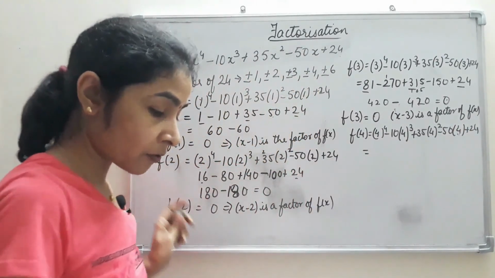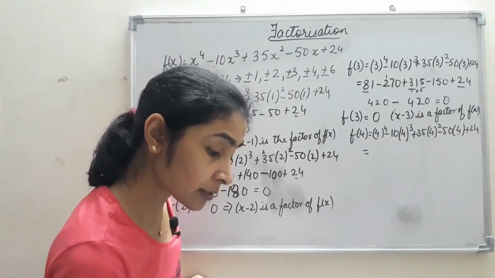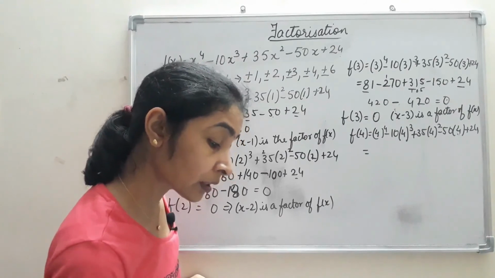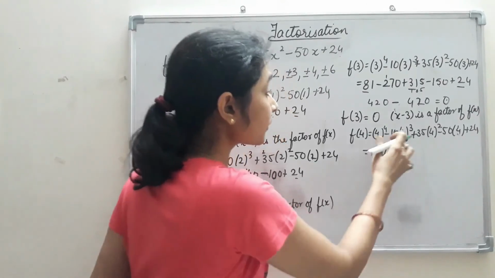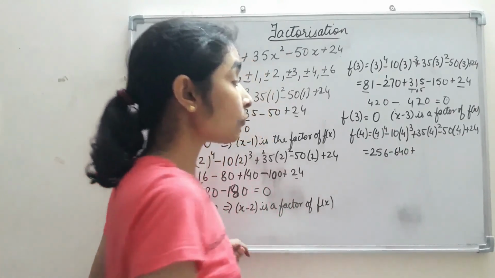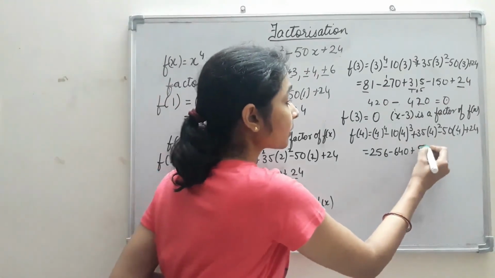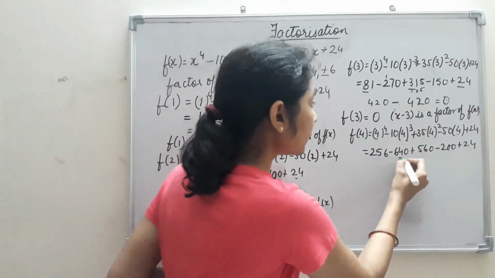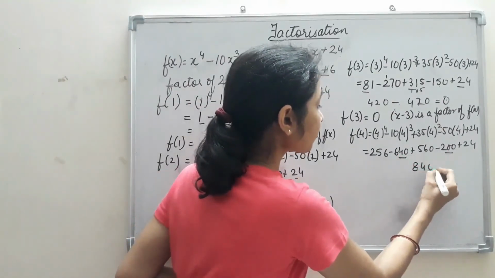Okay, now 4 raised to the power 4, 4 4s are 16, 16 4s are 64, and again we are supposed to multiply it by 4, we get 256. 256 minus here cube, the 4 4s are 16, 16 4s are 64 into 10, 640, plus 4 4s are 16 and 16 into 35 gives us 560, and minus 200 plus 24. Now negative, negative, okay, rest are positive. So negative, negative, we get 840.